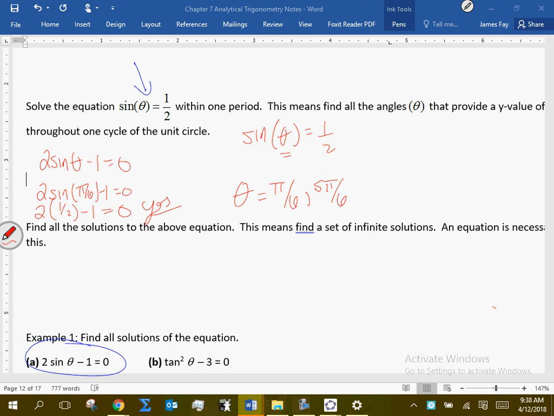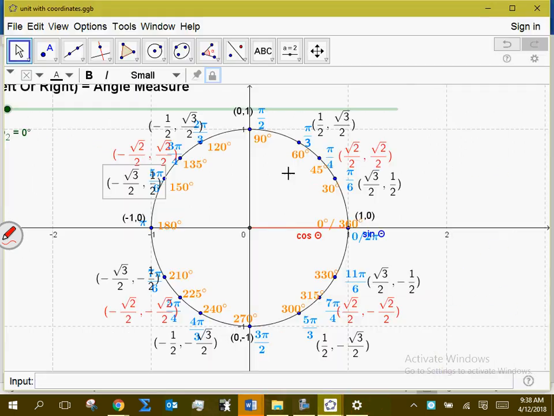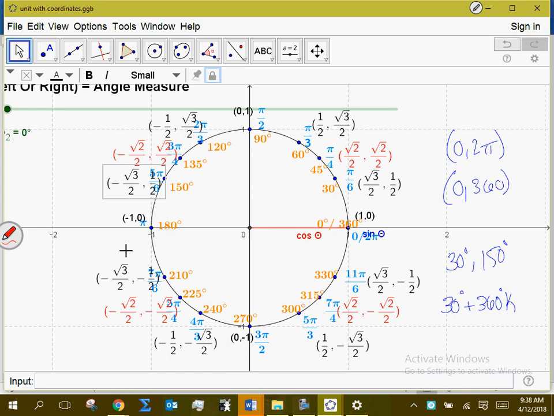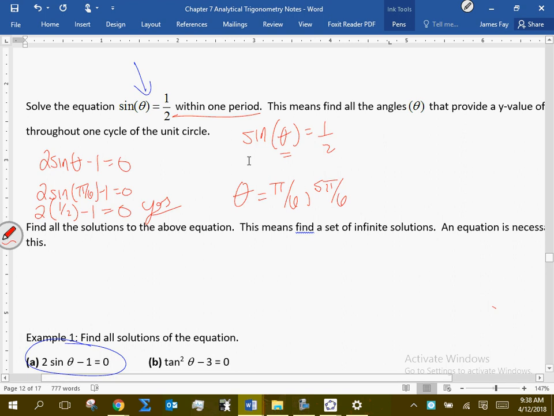Yes, you satisfy the equation. Now, those solutions were within one period, because how many times did I walk myself around the circle? Once. So these solutions for theta are right now between the interval 0 to 2 pi.